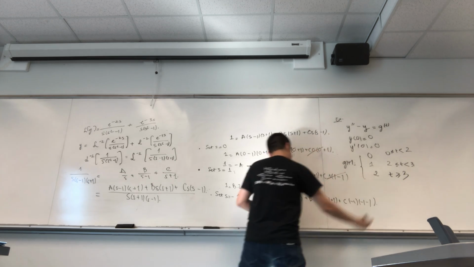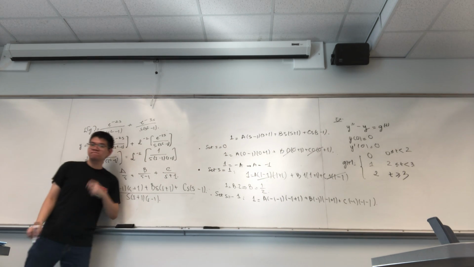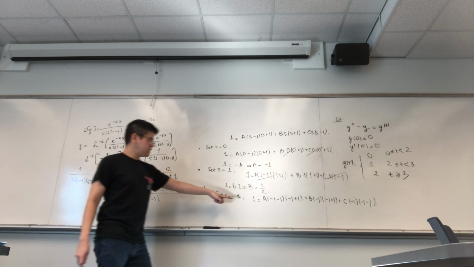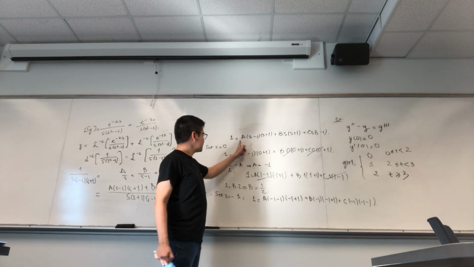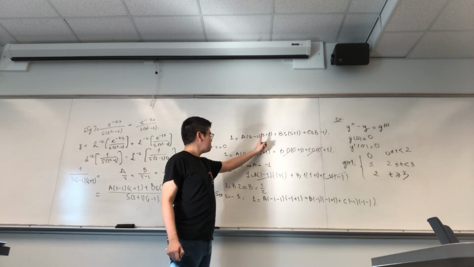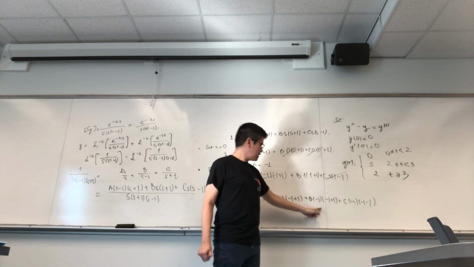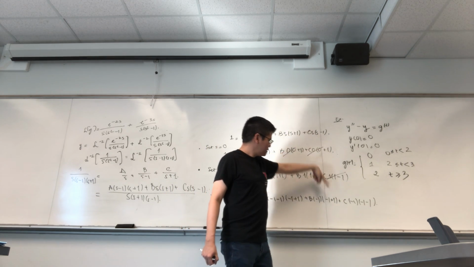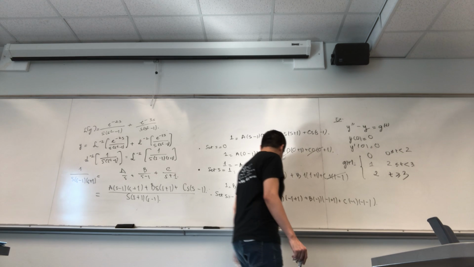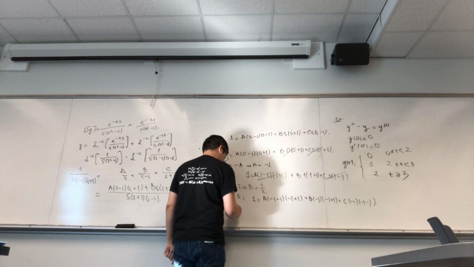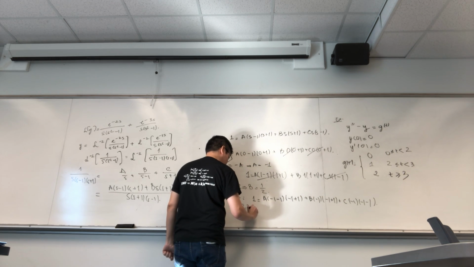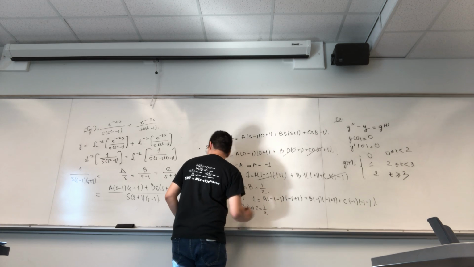The first two terms go away. So finally I have 1 is c times 2, which means that c is 1 half.